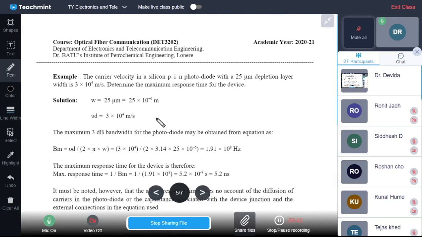Then next is the carrier velocity in the PIN photodiode.